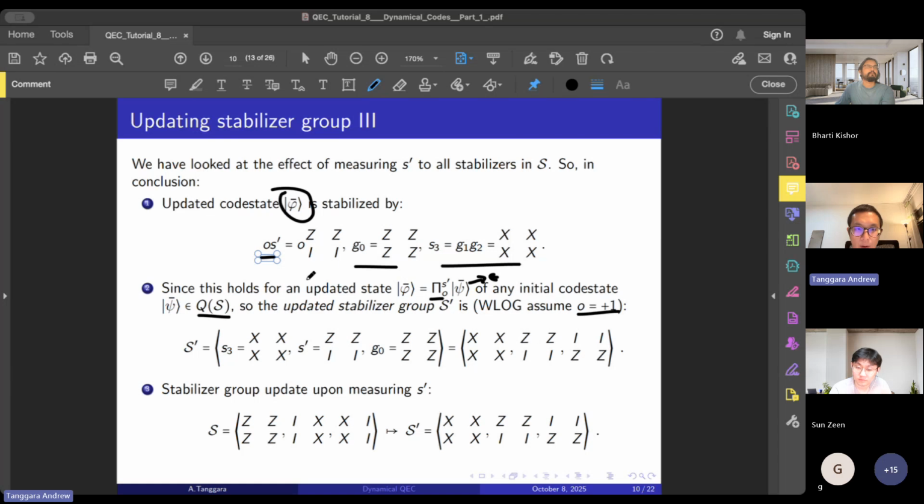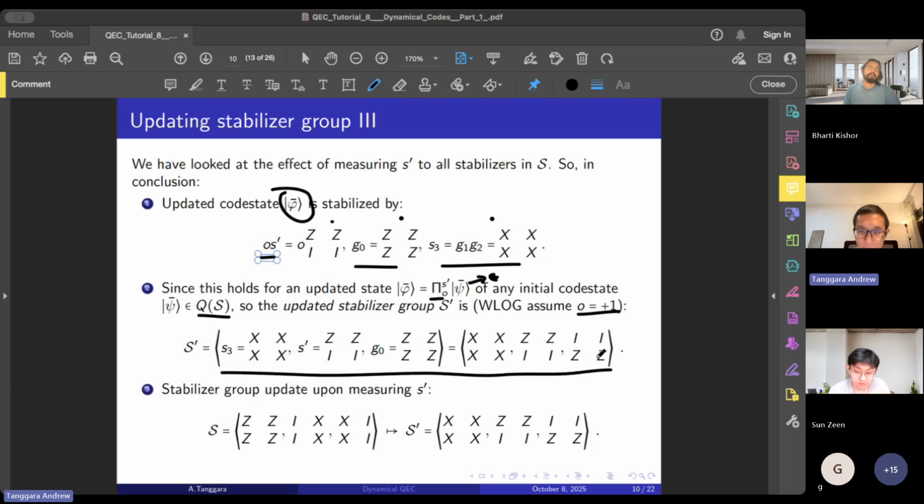And these are generated by these three guys, that stabilize all of my new code states, right? So I shifted, projected all my code states from the initial stabilizer code into this new code space, which is stabilized by these guys.